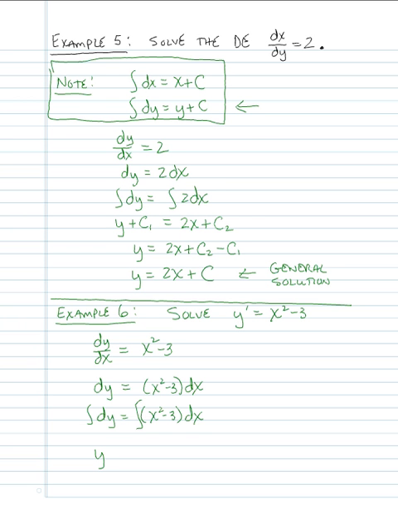But when we solve for y, we're going to get rid of the constant on the left and combine it with the constant on the right. So why don't we just write one constant at the end rather than going through that process that we just went through? So over here on the right side, when we integrate x squared with respect to x, we get 1/3 x cubed.